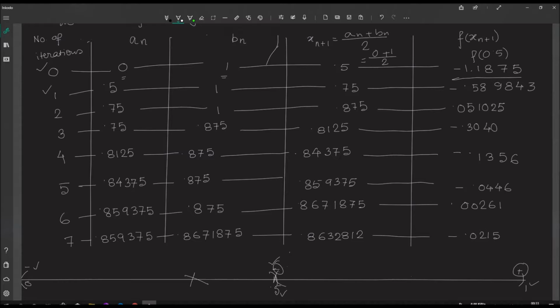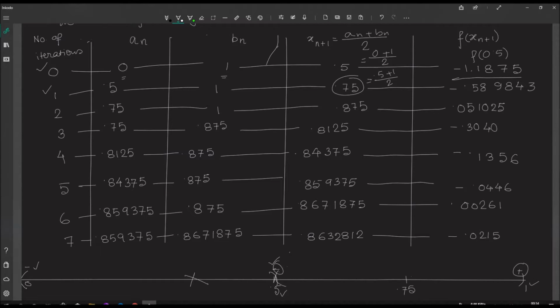Now the range starts from 0.5 and ends at 1. In the same way, we have bisected the range. That means 0.5 plus 1 by 2, and we have got 0.75.